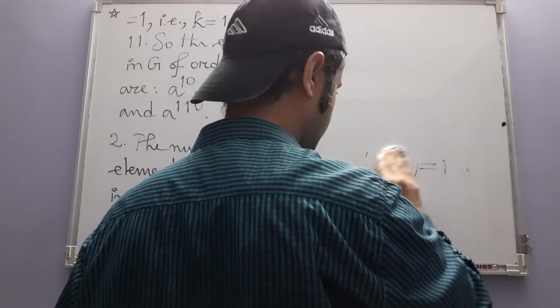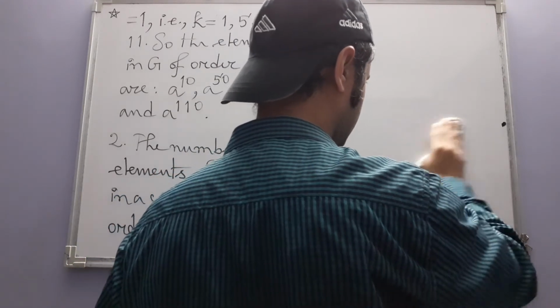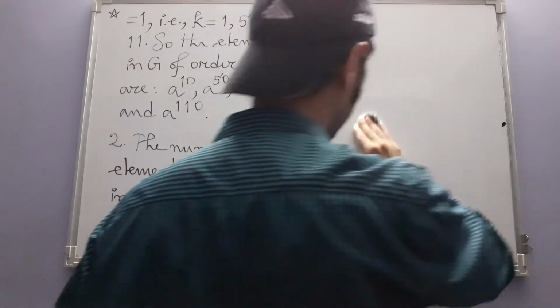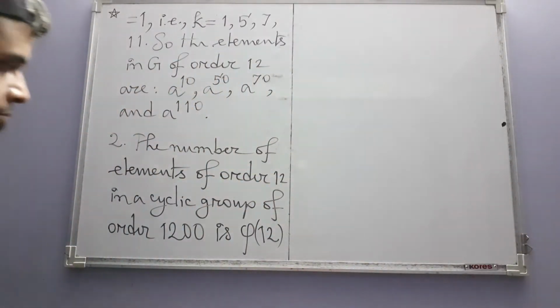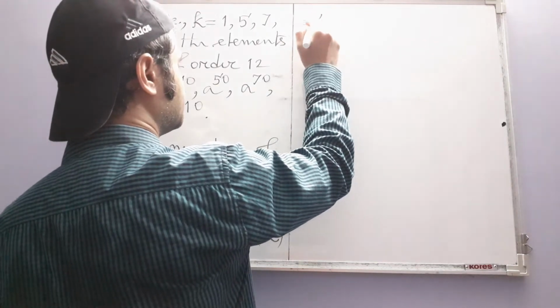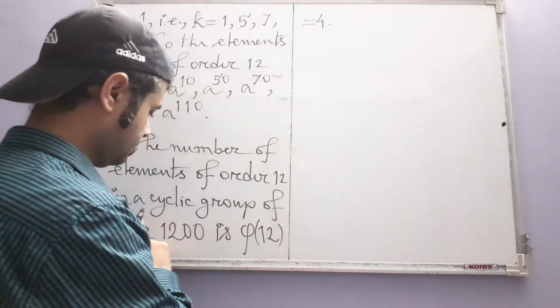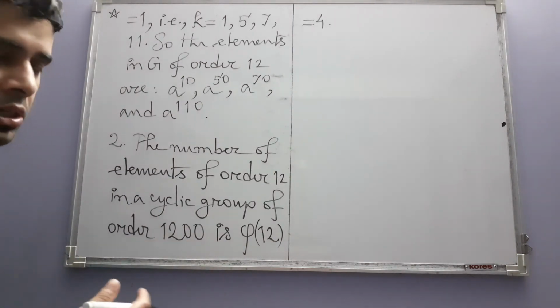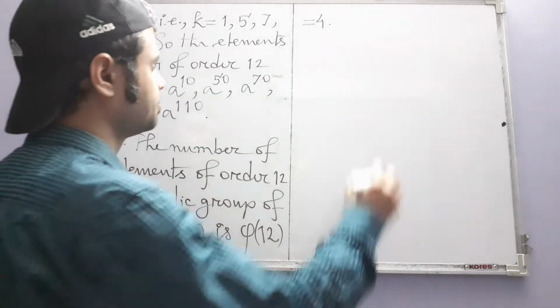You look in that section on cyclic groups for the result we have used. So there will be exactly 4 elements of order 12 in any cyclic group of order 1200. It does not matter what the group actually is.